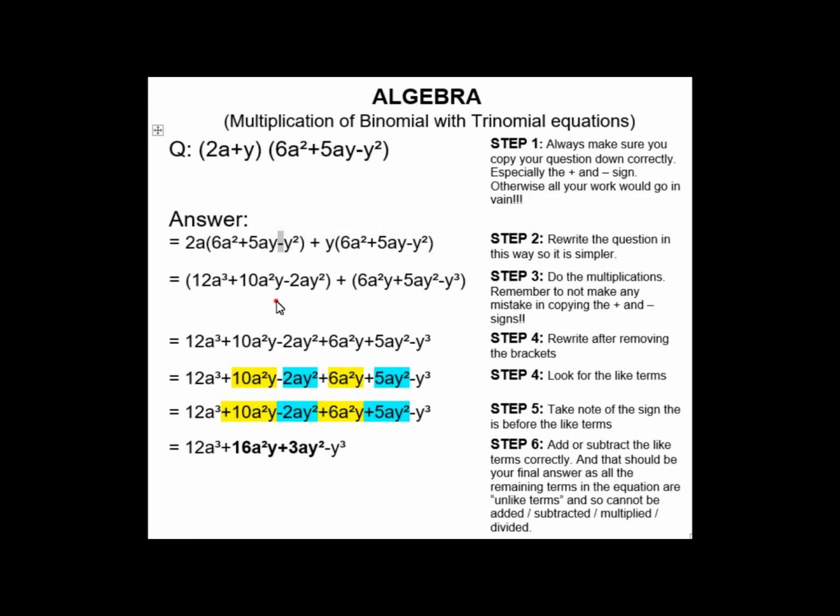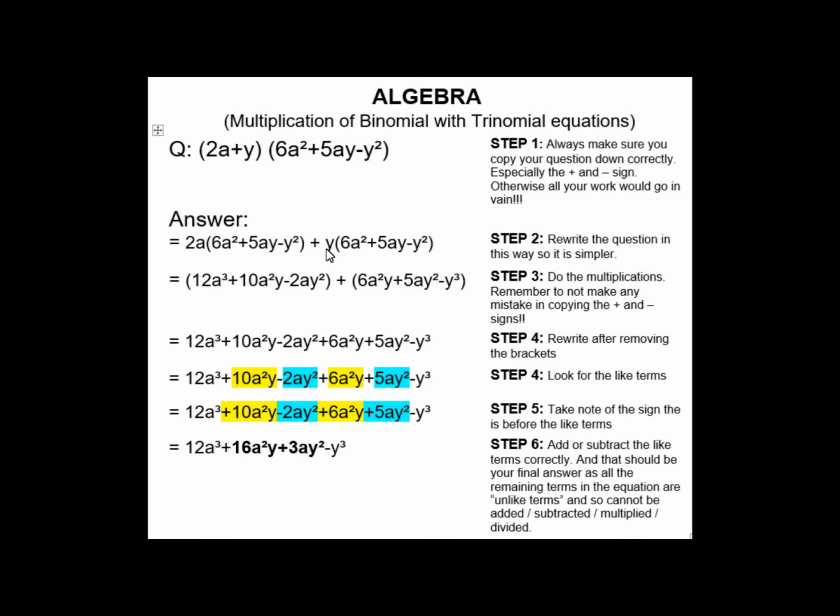Again your minus sign, make sure you copy it down properly here. Now you have to multiply 2a by y square, which gives you 2ay square. Plus sign, make sure you copy down properly.